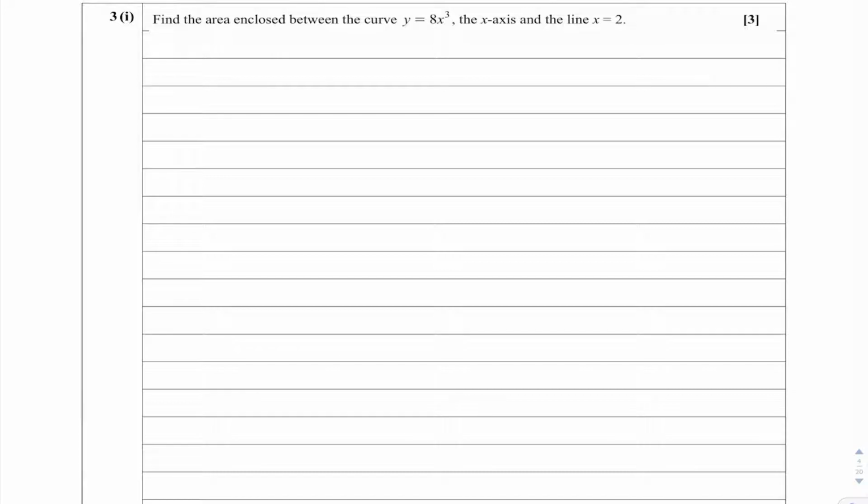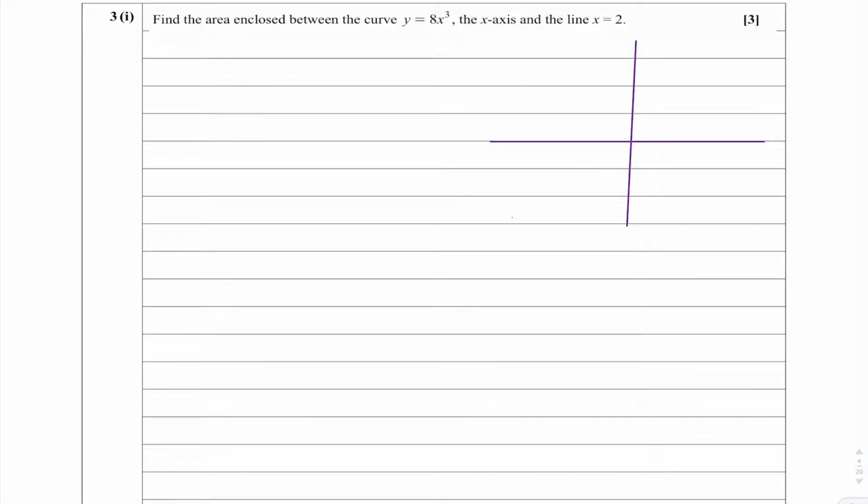Question 3i. Find the area enclosed between the curve y equals 8x cubed, the x-axis, and the line x equals 2. You could solve this question by first of all sketching a graph, though you don't have to sketch the graph to solve the question.